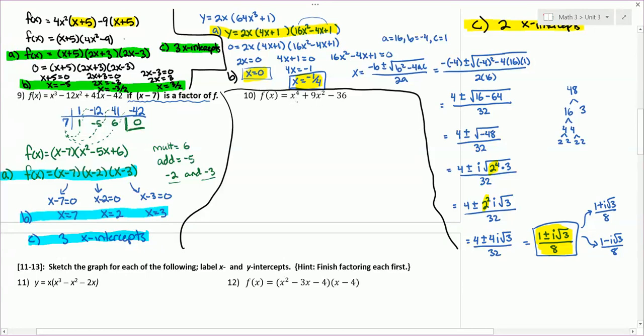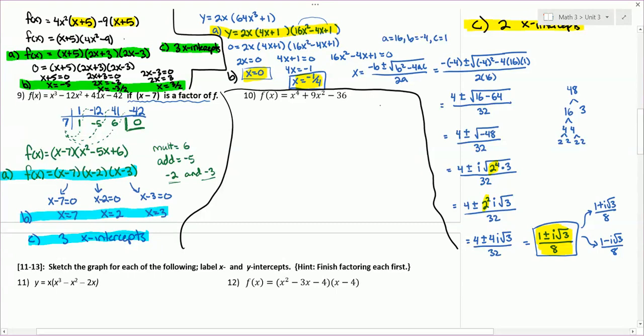Because, well, if you have 3 terms, and one of them is a constant, the highest power in this case is 4. If the power of the term in the middle is half the highest power, it is in somewhat of a quadratic form, and you can attempt to factor it. And so that's what we're going to do here. We're going to attempt to factor it as we would a quadratic, even though it's not a quadratic.